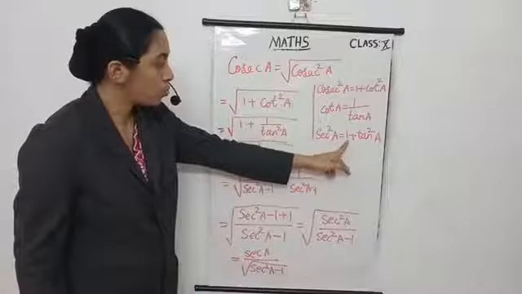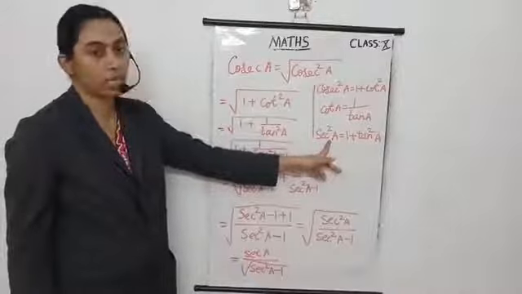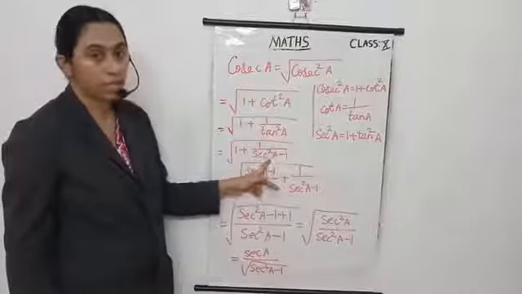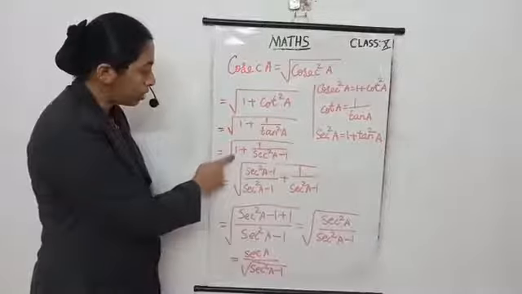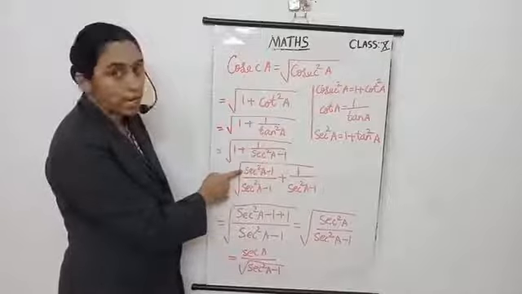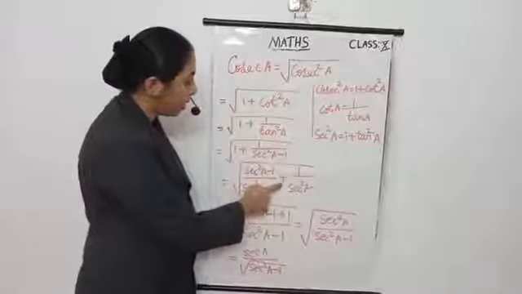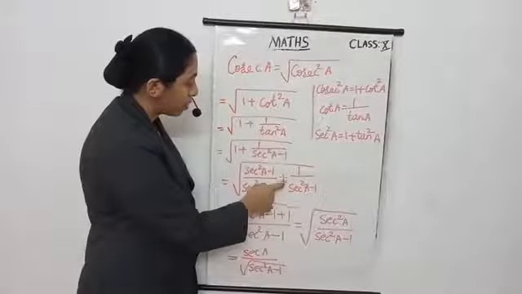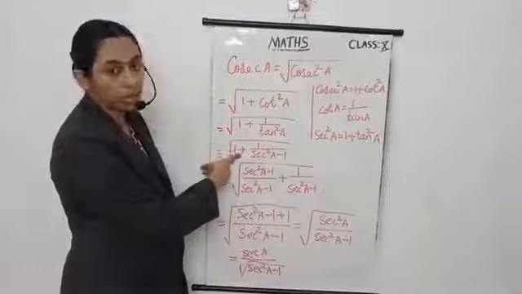Transpose this 1 to the right hand side, we get tan square A equals sec square A minus 1. So substitute that value here. Now make this portion's denominator the same. For that we write sec square A minus 1 by sec square A minus 1, plus 1 by sec square A minus 1. This plus, okay.